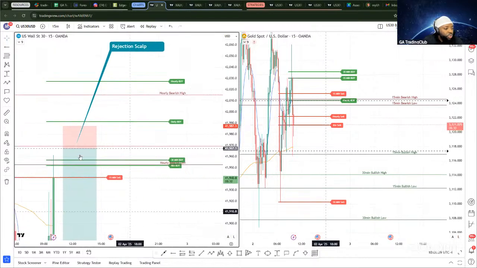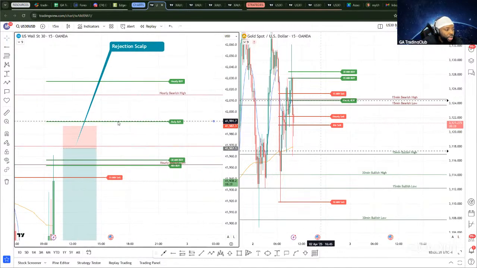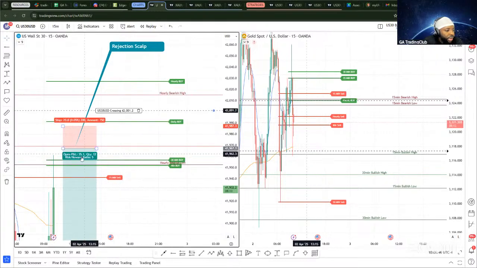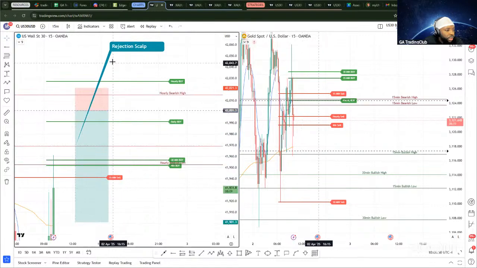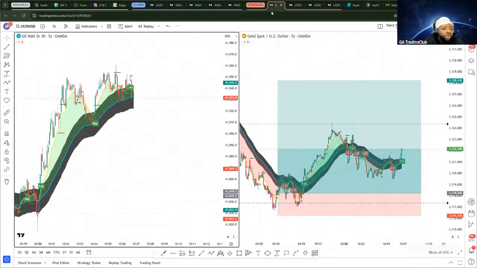So at this point, we go ahead and move our rejection scalp area to the next zone. So 991, and this is the daily, so this is a good level. We'll move it to 01.2, somewhere there. So we wait for price to come to us right there.